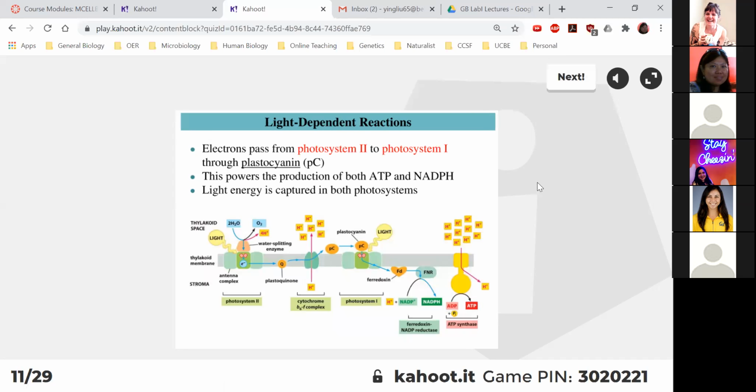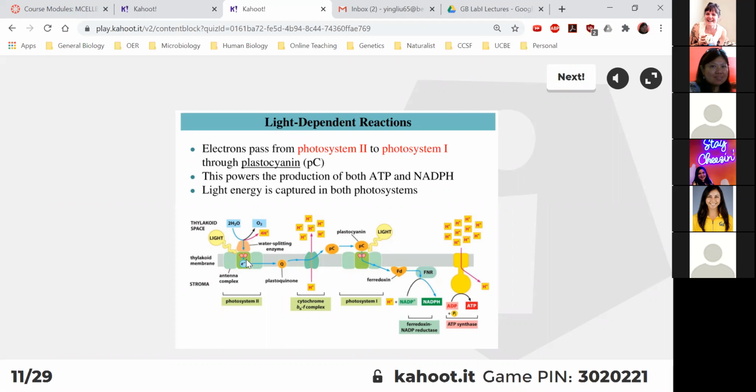If you look at the light-dependent reactions, they happen on the thylakoid membrane. There are two complexes called photosystem 2 and photosystem 1. It's a little bit confusing because they're named after which one was identified first, not after which one does its job first in plant photosynthesis.